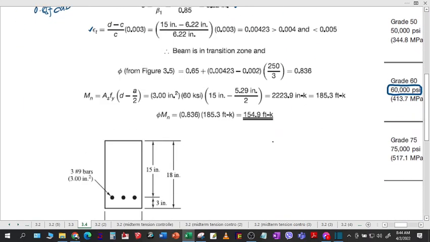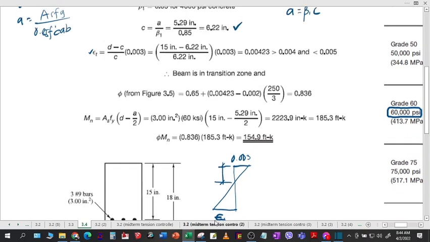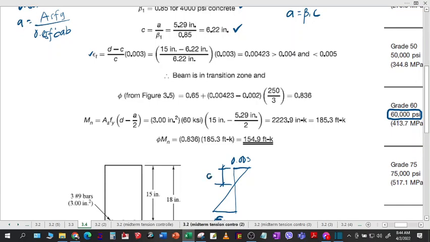Let me illustrate that one using this graph of the strain. The strain in concrete is always 0.003. And the strain in steel, we don't know. But we know C, and C has a value of 6.22.